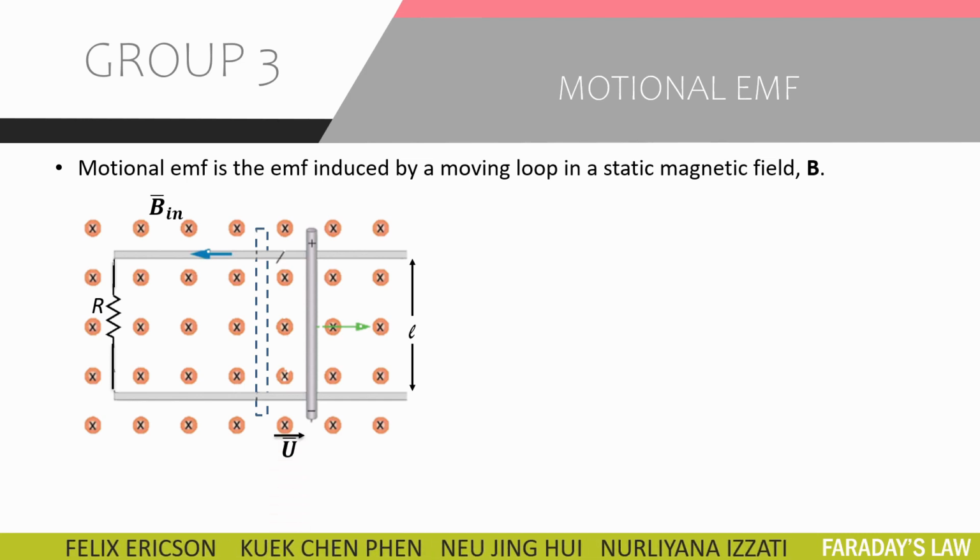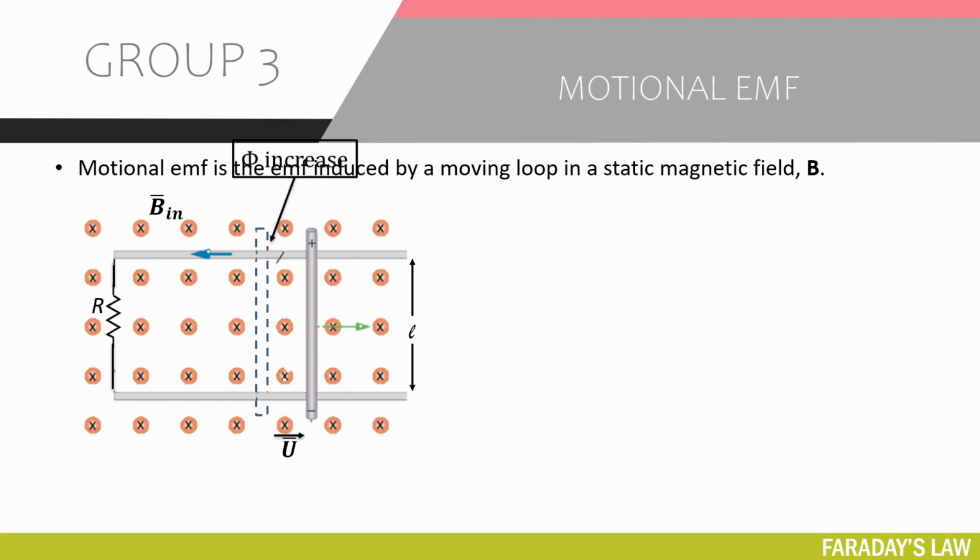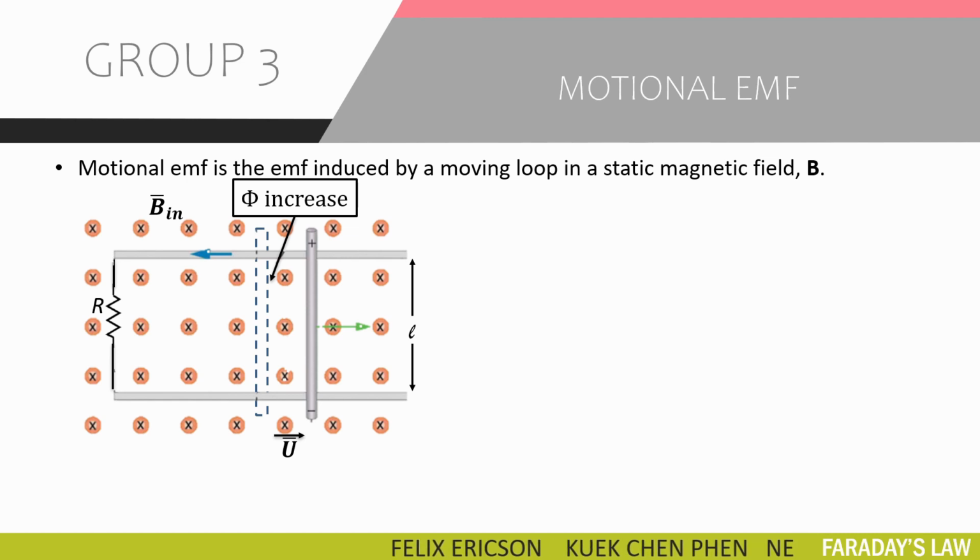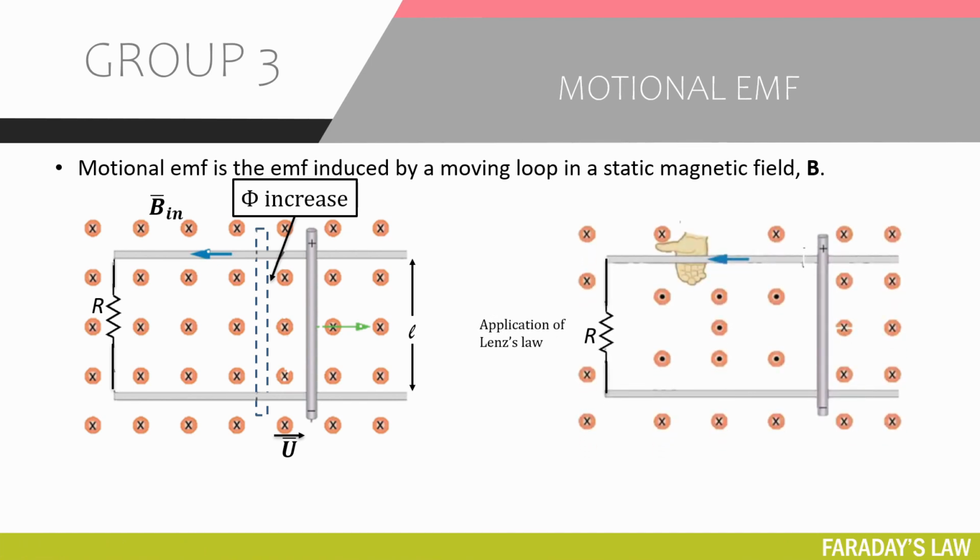Let's say the metal rod is moved to the right from its initial position at velocity u. The area of the loop that encloses the magnetic field increases. Therefore, the amount of magnetic flux enclosed also increases. Then, to oppose the increased magnetic flux, another magnetic field is induced and the direction is out of the screen.